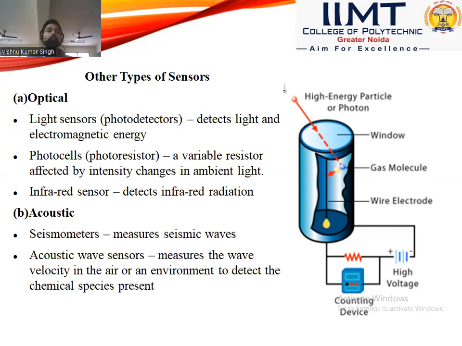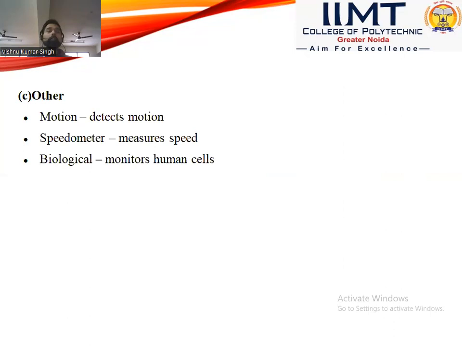Examples are seismometers, which measure seismic waves. Then acoustic wave sensors, which measure the wave velocity in the air or an environment to detect the chemical species present. Other types of sensors are motion sensors, which detect motion, speedometers, which measure speed, and biological sensors, which monitor human cells.